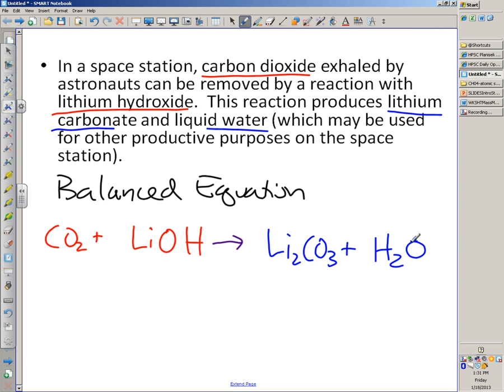Hydrogen was the charge on carbonate. Lithium was the charge on lithium. Carbonate has -2, so you have 2 lithiums to balance out the carbonate.